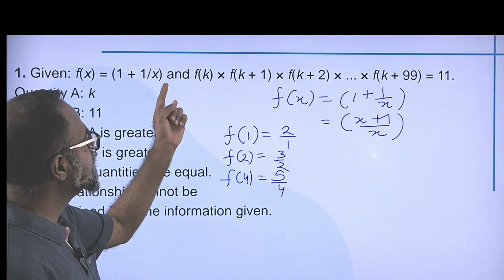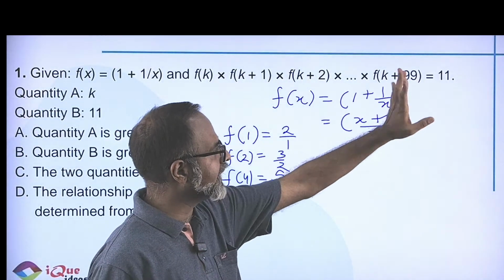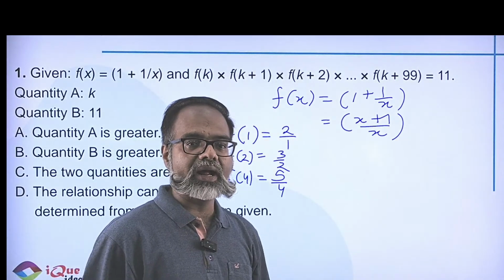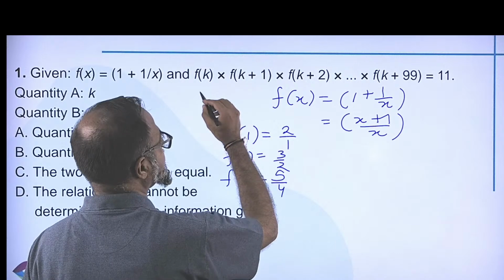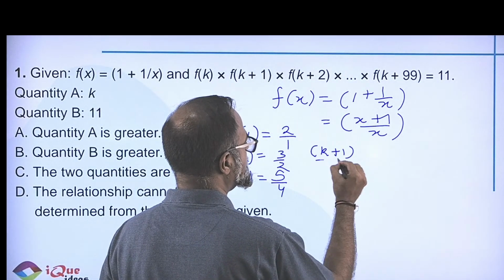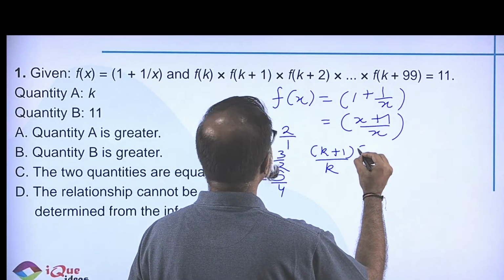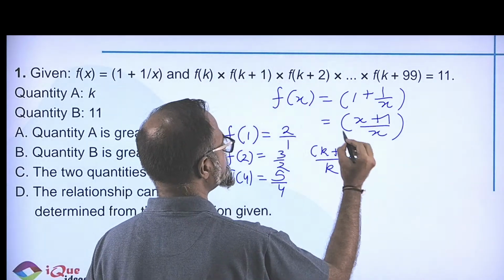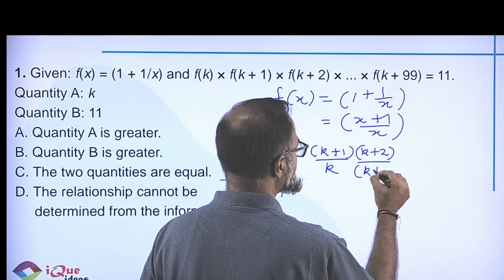I'm asked f of k into f of k plus 1 into f of k plus 2 till f of k plus 99 is 11. And we have already resolved the function easily. So what does it work out to? F of k can be written as k plus 1 upon k. F of k plus 1 is k plus 2 upon k plus 1.